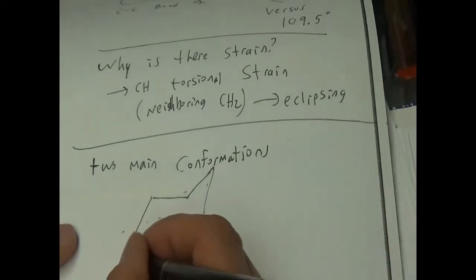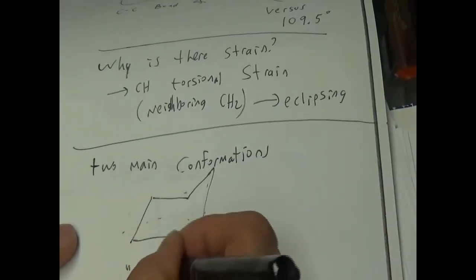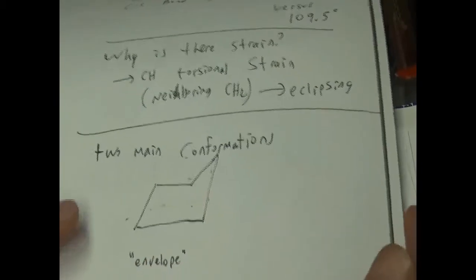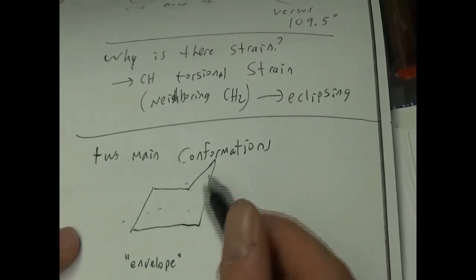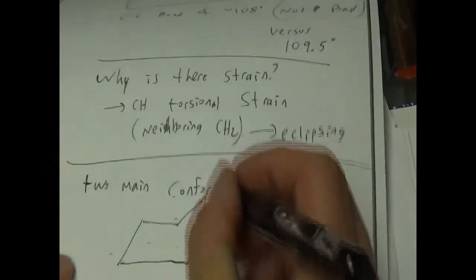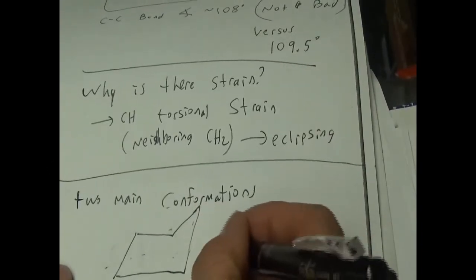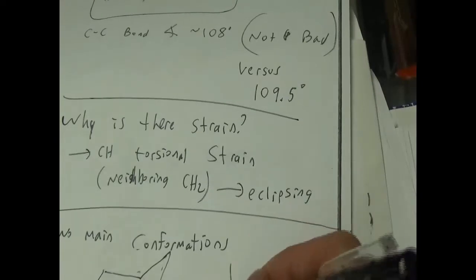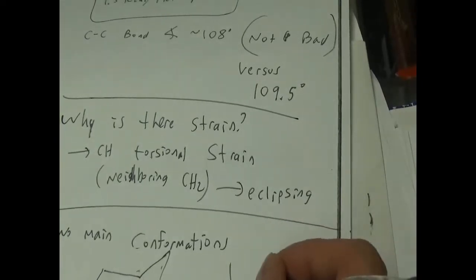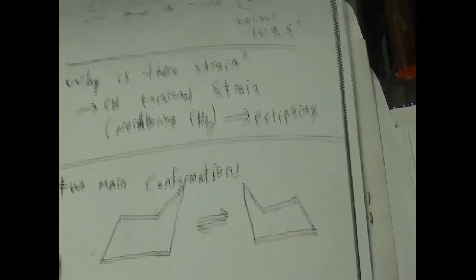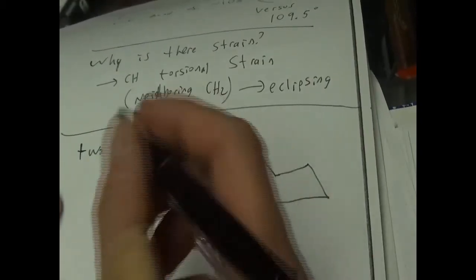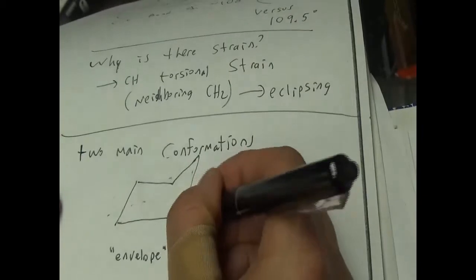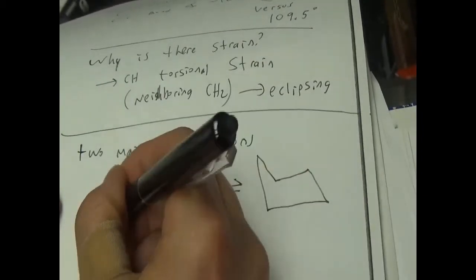And these are called envelope conformations. I like to call them space shuttle conformations because it kind of looks like a space shuttle. But anyway, they basically alternate, or they flip and go back like this.